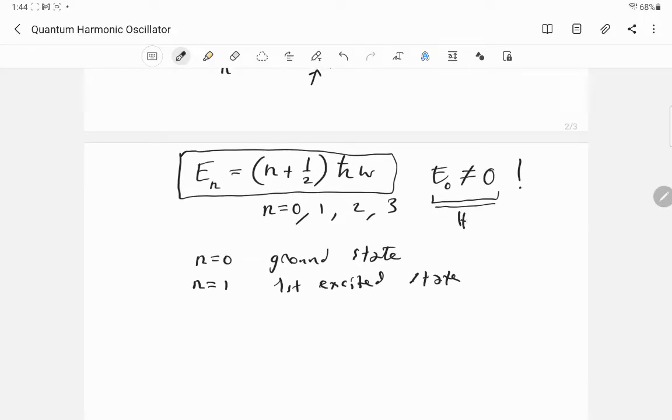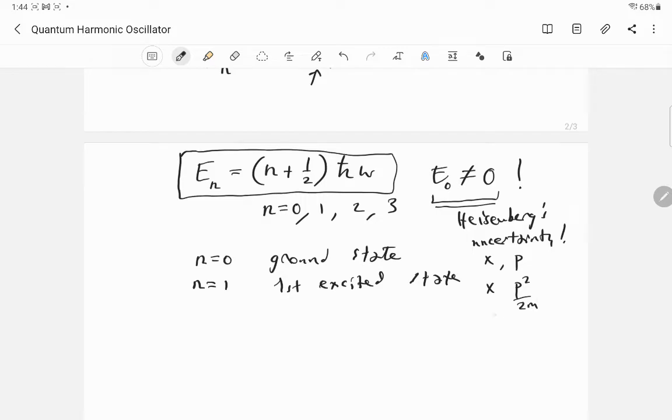And this is associated with Heisenberg's uncertainty principle, which does not let you know x and p at the same time. That is, it does not let you know the location and the kinetic energy at the same time.